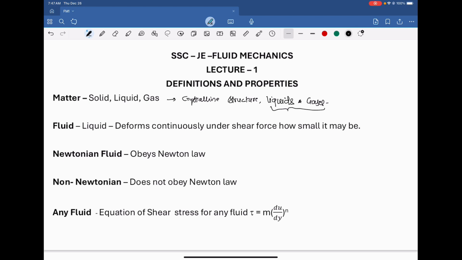And these liquids and gases, when small forces like a shear force are applied, start deforming continuously. That property is the most important property which distinguishes a fluid and a solid matter.